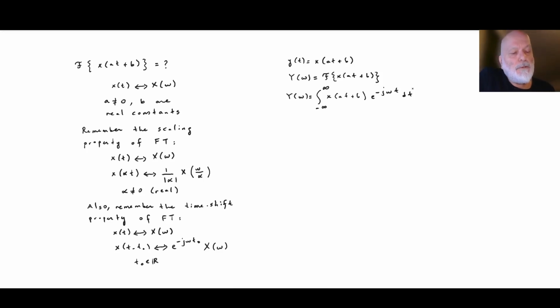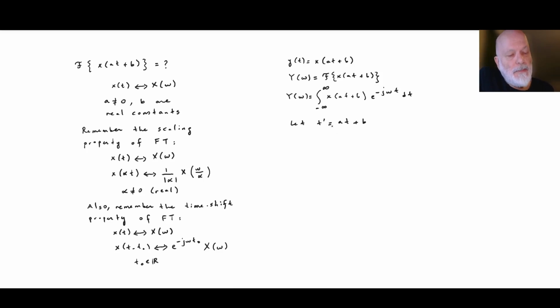Okay, now in order to reduce this integral to a certain form, we have to define a new variable. Let t prime be at plus b. Okay, a and b are satisfying the properties we have already defined. That means they are real constants, but a is non-zero.